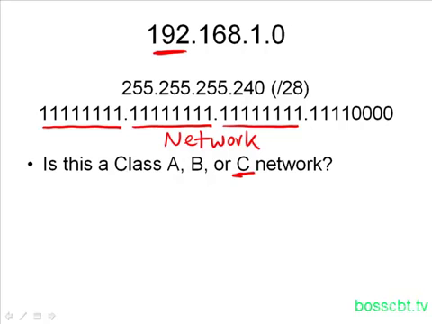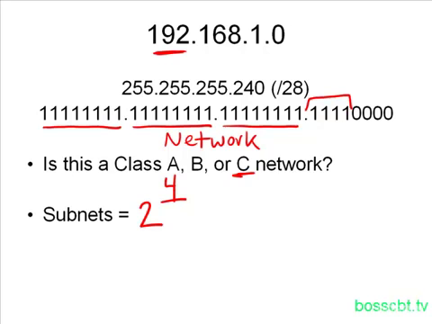Well, it's good to establish that because when we want to find out the number of subnets we can create with this new subnet mask, the formula requires us 2 to the power of what? Well, we know what our network bits are. We can't touch them. That means the remaining ones in the subnet mask have to be our subnet bits.